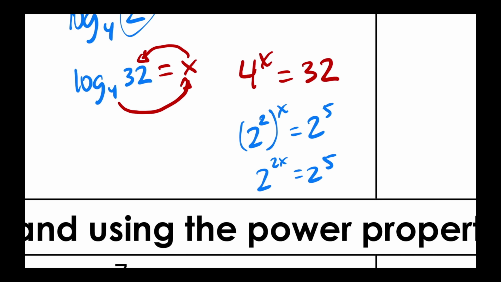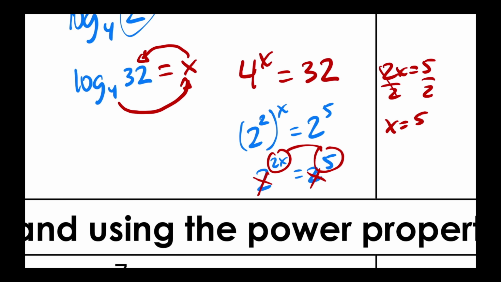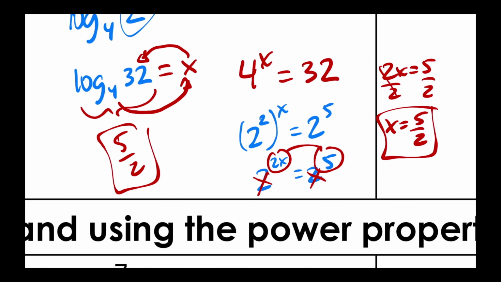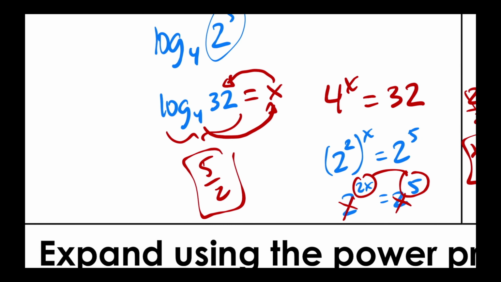And now once I have the bases the same, I can drop these bases and just say, okay, that exponent equals that exponent. So 2x equals 5. And then divide both sides by 2. And so x equals 5 over 2, which means that this simplifies to 5 over 2, right? The question, again, logs ask the question, what exponent of 4 gives me the result of 32? And the answer is 5/2. 4 to the 5/2 power gives me 32.